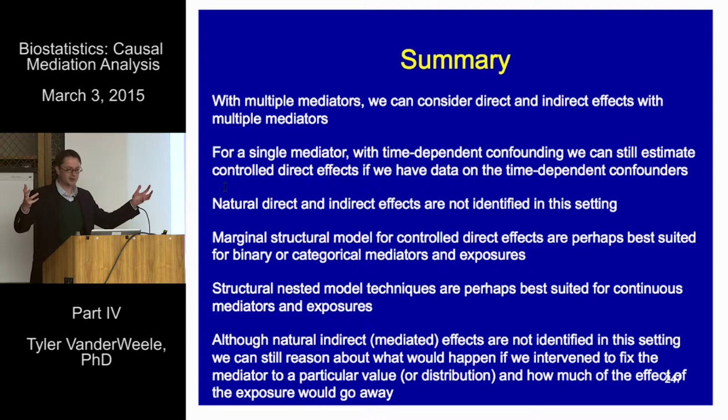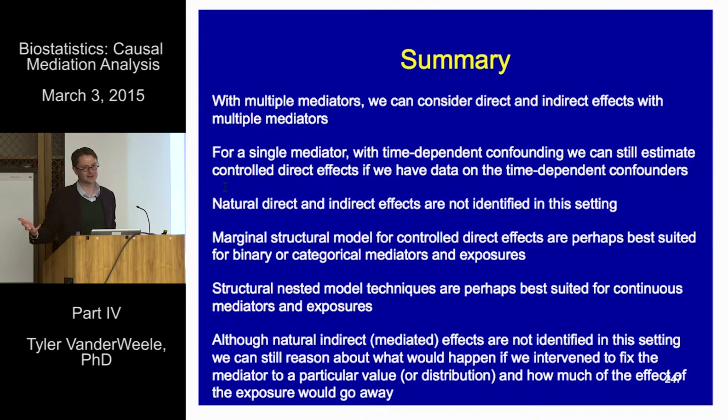So in summary, with multiple mediators, if we're just looking at the effect mediated through a whole set of mediators, that really corresponds very naturally to what we've done already. It extends very naturally from our prior methods. With a single mediator, with time-dependent confounding, prior mediators, which also serve as confounders, it's more difficult.